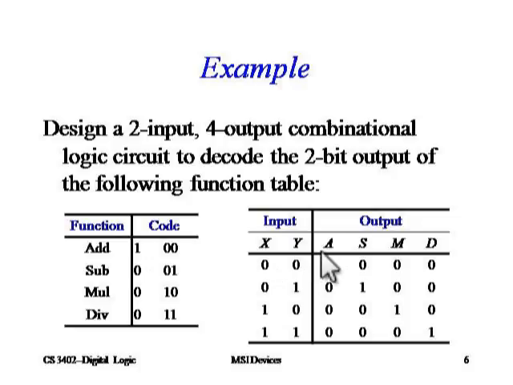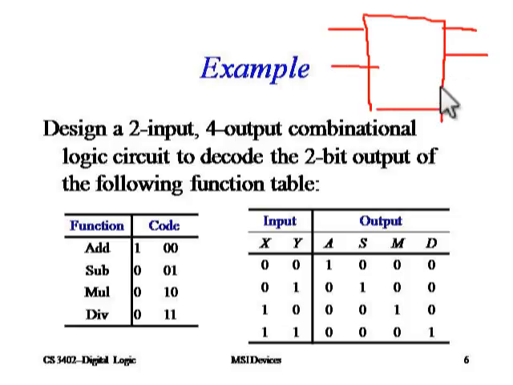So whenever it is 0 0, I want addition. If we want to represent it using a block diagram, say this is X, this is Y, and the outputs are addition, subtraction, multiplication and division. What I am using is a 2 to 4 decoder.